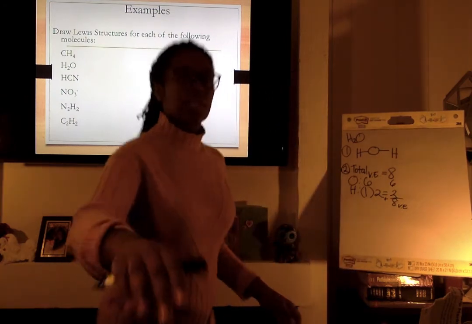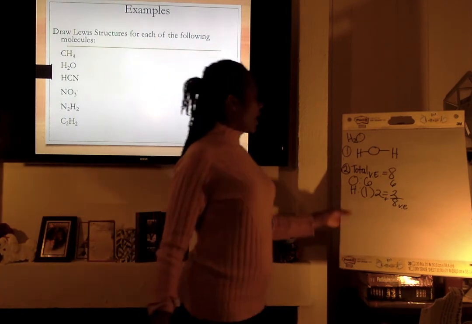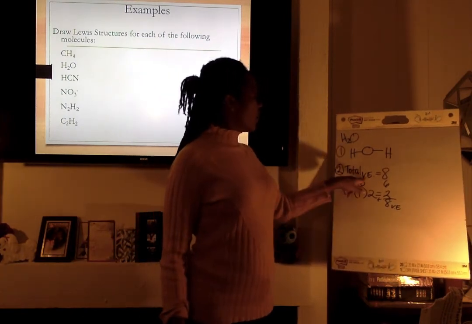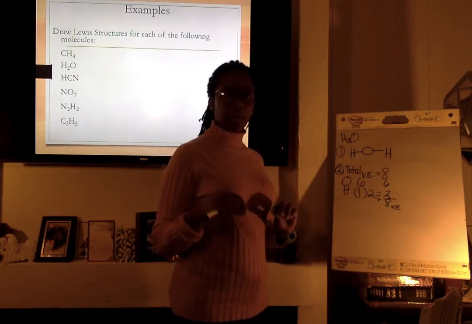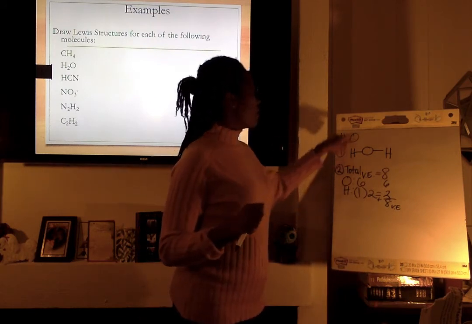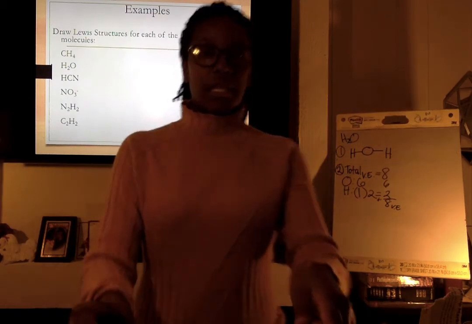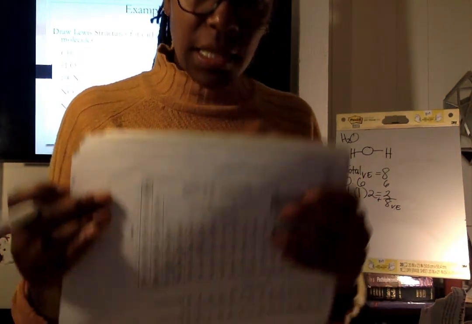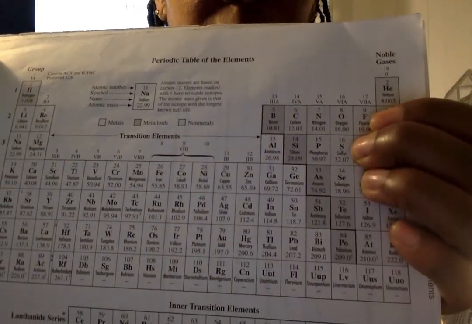Okay, so hopefully I'm not going too fast. Hopefully you guys can understand that you're calculating this total valence electron number I got from looking at the periodic table, looking at the chart, right? And when you look at the column of where oxygen is, it is in the 6th column. Right? You see that? So that's where I got that 6 from.